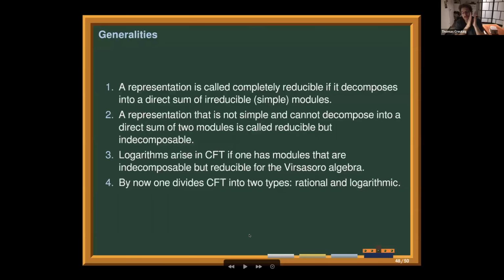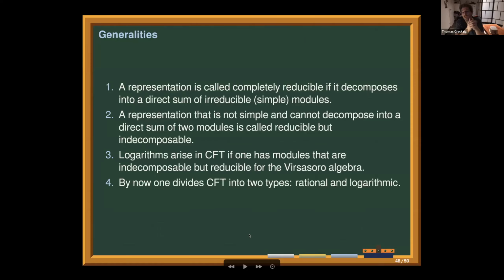There are somehow two types of conformal field theories, at least naively, which you should call rational conformal field theories and logarithmic ones. In the rational conformal field theory, everything is completely reducible. The space of states is a nice direct sum of modules. And in the logarithmic case, this is not the case anymore.